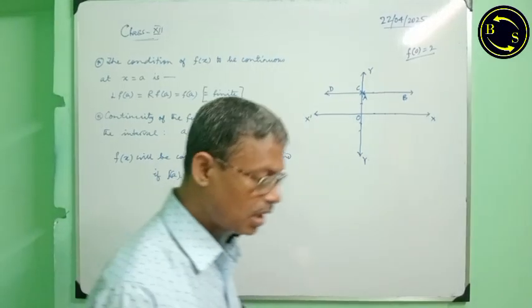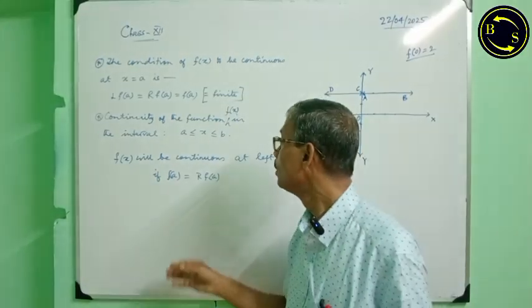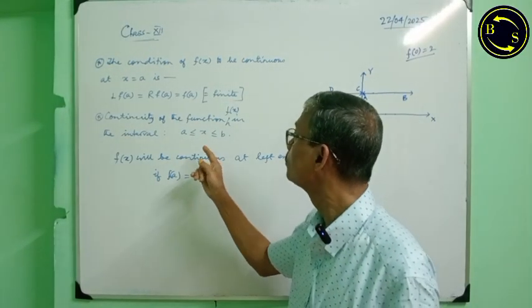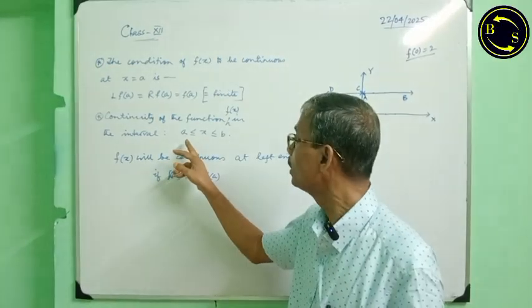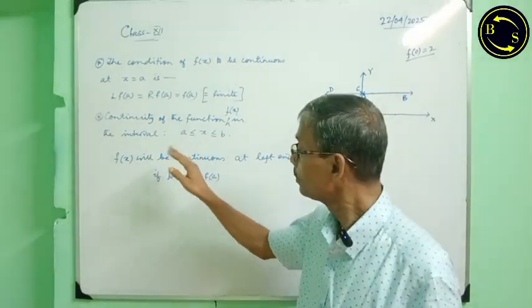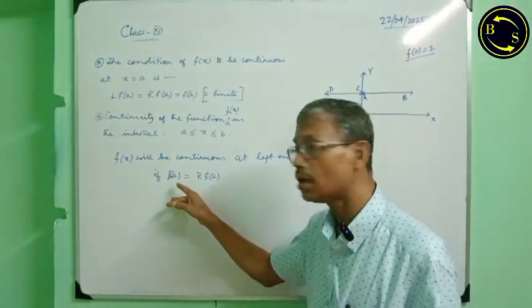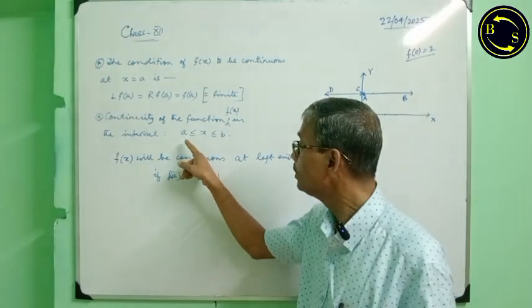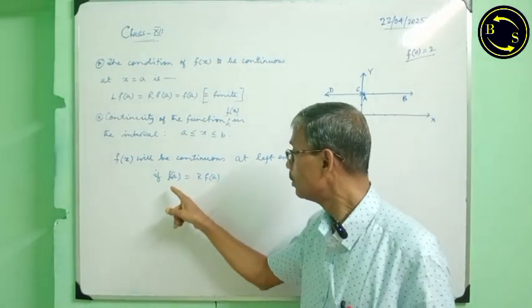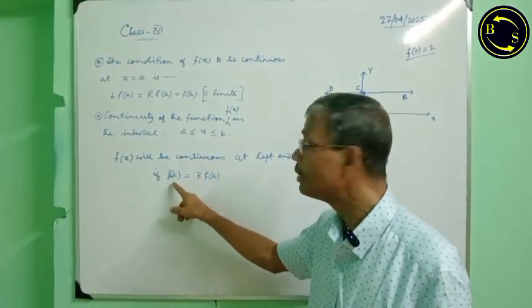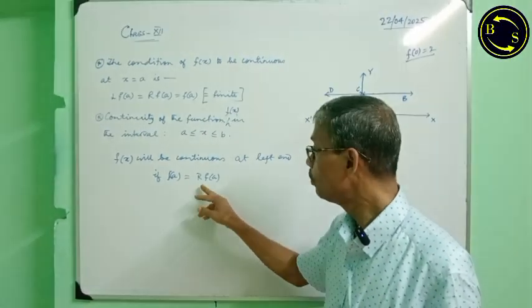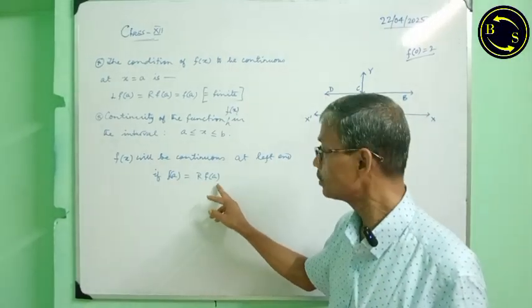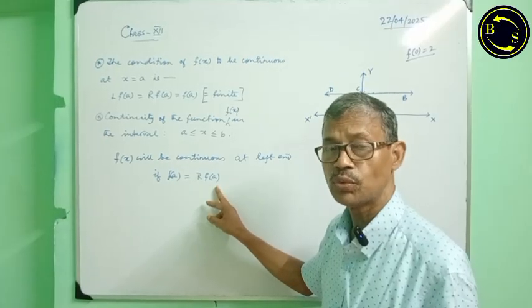Since the function is not defined here for the values which are less than a, therefore the function will be continuous at the left end when the value of the function will be equal to the right hand limit of the function as x tends to a.